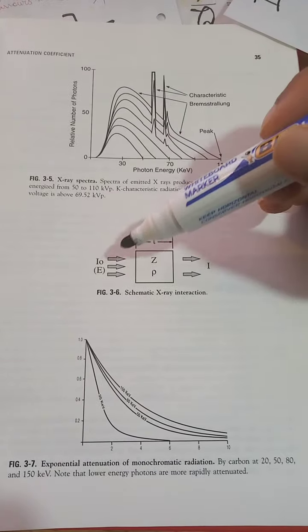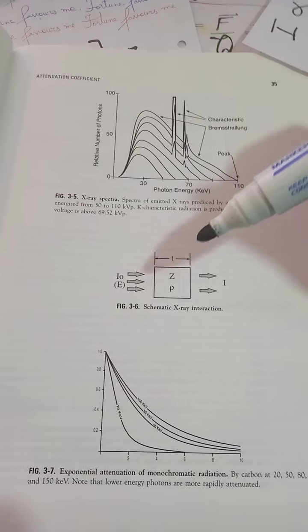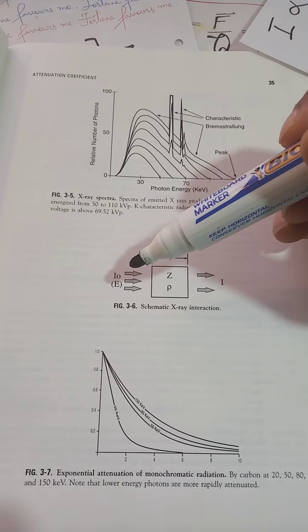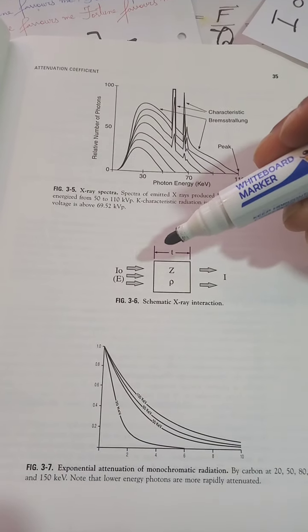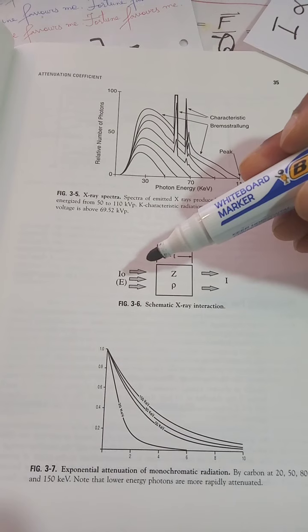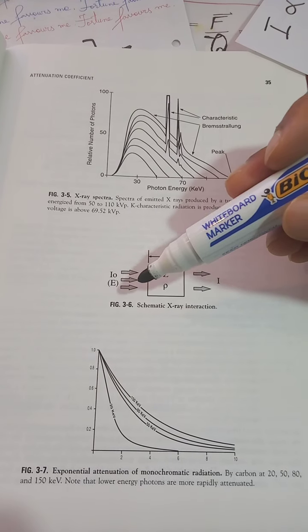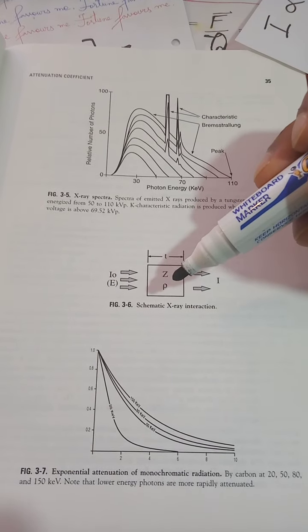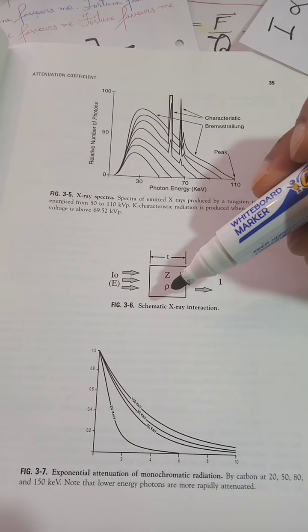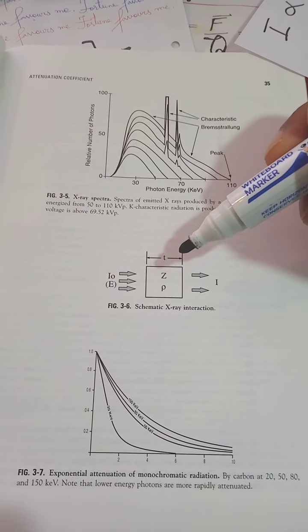This is a simple depiction of how things work: the introduced intensity, and the energy, the Z, the atomic number of the attenuator, the density of the attenuator, and the path length of the attenuator, i.e. the thickness. I think thickness would have been a better word.